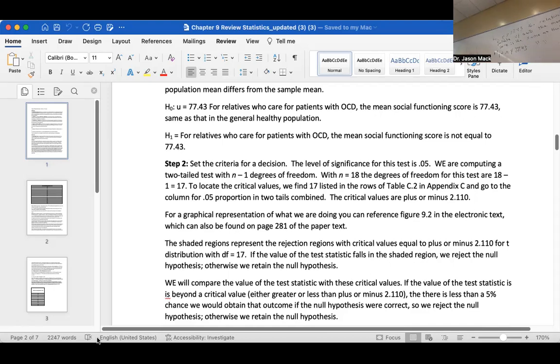This decision to reject the null hypothesis, or you could write it like decision to reject, because that's where it happens, here or here. Otherwise, we're going to retain. Does that help draw that out? Makes sense.